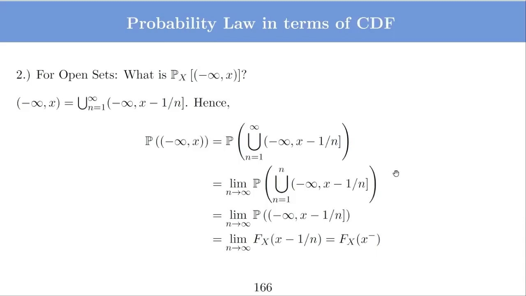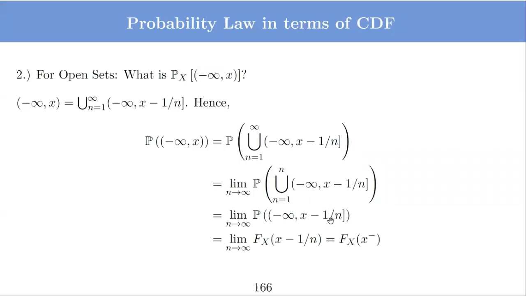Okay, and what is a finite union of these sets? Assuming these are increasing, the finite union up to n will be the last set, because that is the largest set. So this will be equal to the pre-image of minus infinity comma x minus 1 upon n.